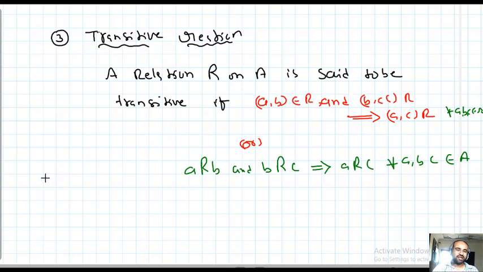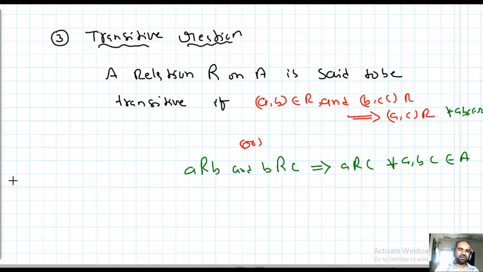Observe, what is the meaning of this? The ordered pair A comma B is there, B comma C is there. So A comma C should be in that relation, then that is called a transitive relation.